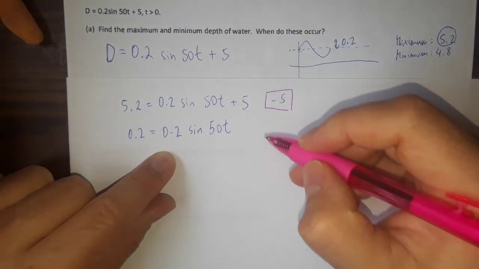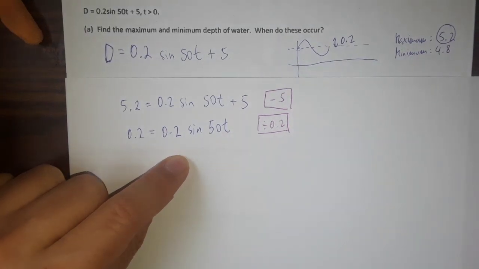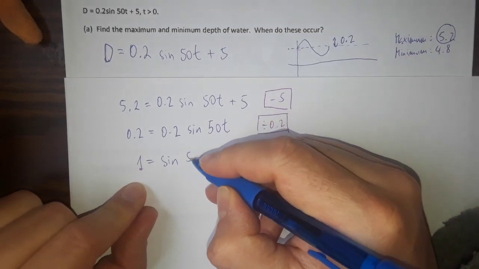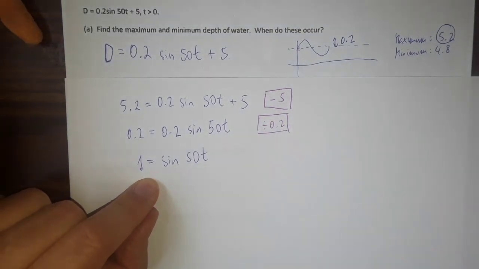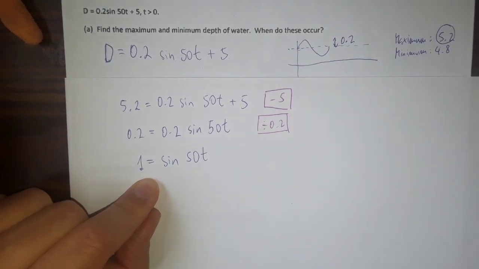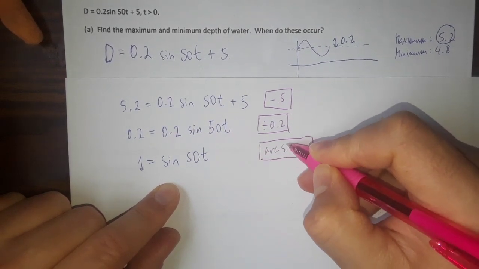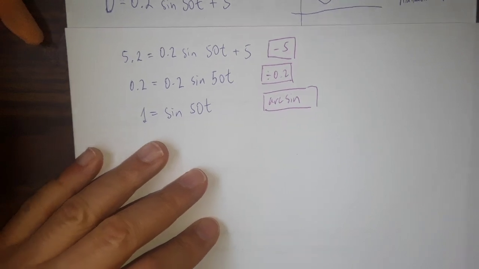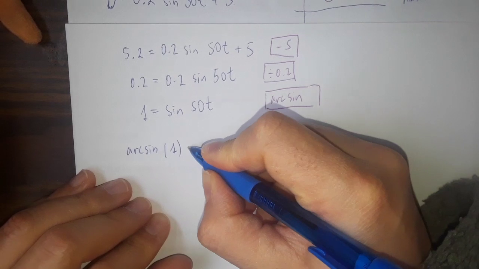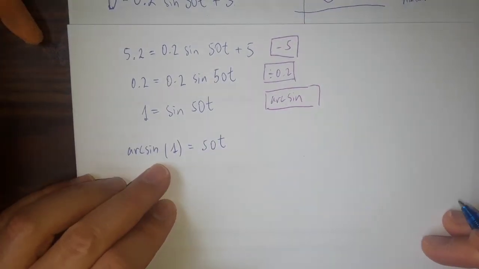Next step is to divide by 0.2, since we're trying to solve for t, so it's 1 equals sine of 50t. The next step is the inverse of sine: arc sine of both sides. So we have arc sine of 1 equals 50t. How much is the arc sine of 1?